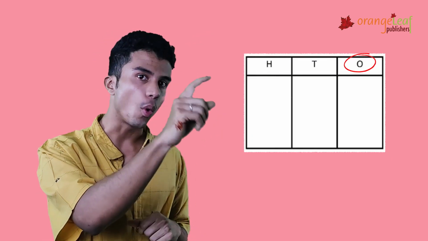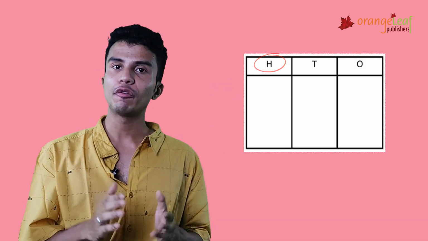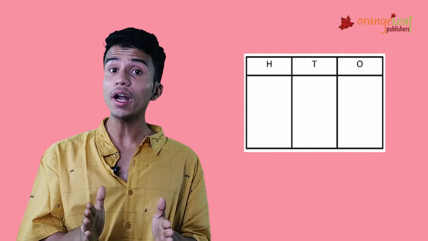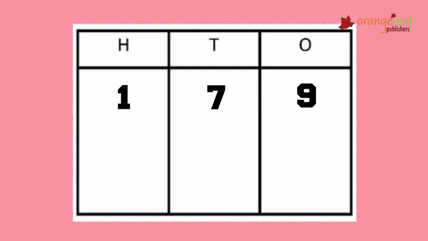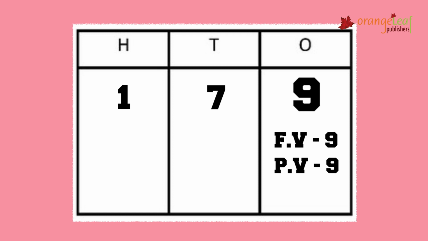Let's talk about face value and place value. Face value is the exact same thing as the digit itself, whereas the place value is where you place the number, in ones or tens or hundreds. For example, let's take the number 179. The face value of 9 is 9, but the place value of 9 is also 9.